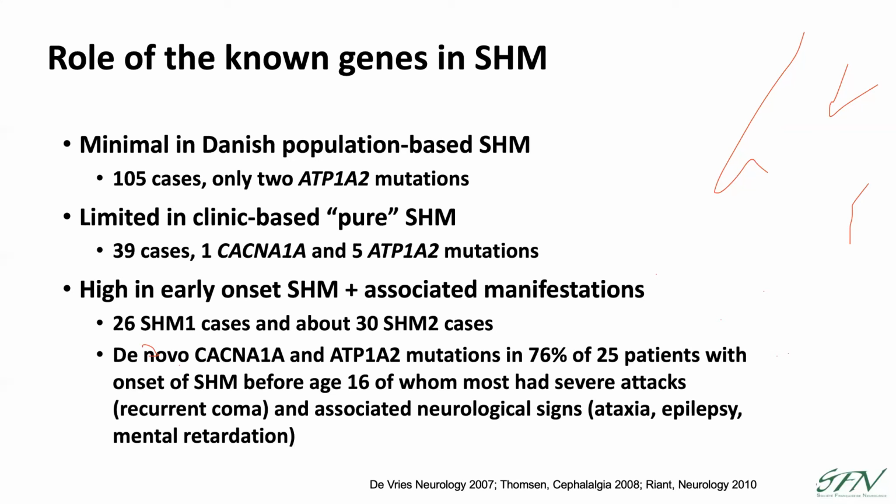If hemiplegic migraine attacks start in childhood or in early adolescence, then the chance of identifying a mutation in the two first genes is elevated. This is also the case when hemiplegic migraine is associated with other manifestations like epilepsy, delayed speech, or with cerebellar ataxia.